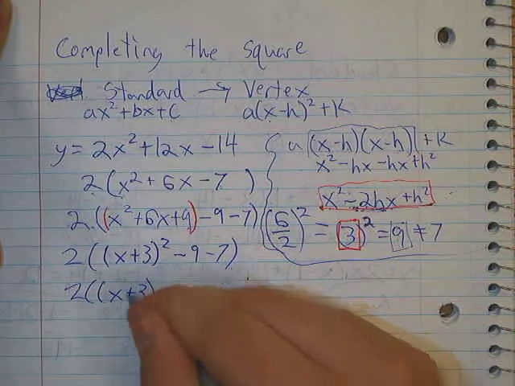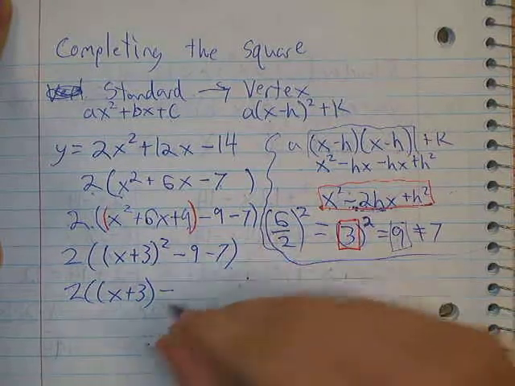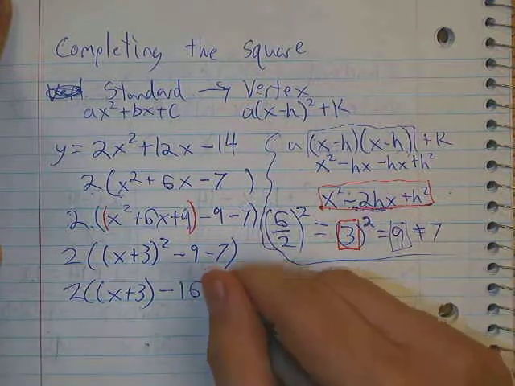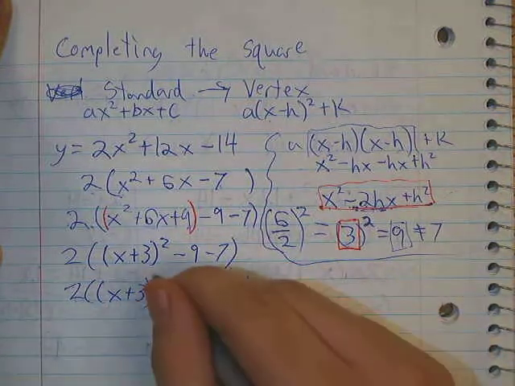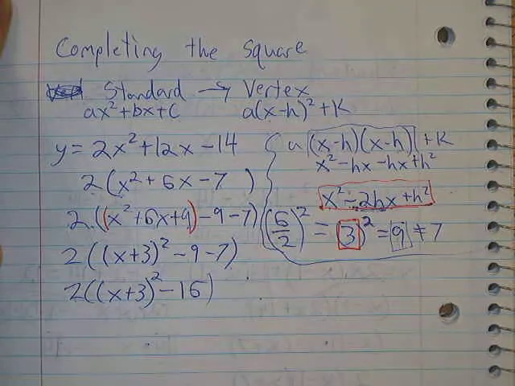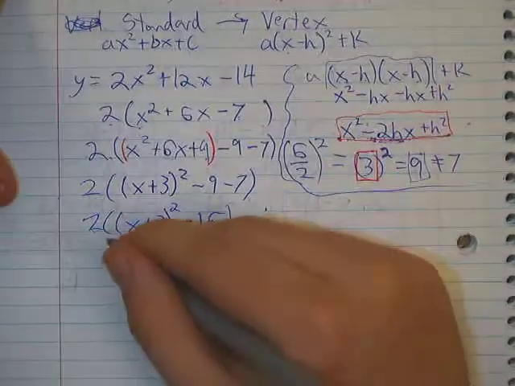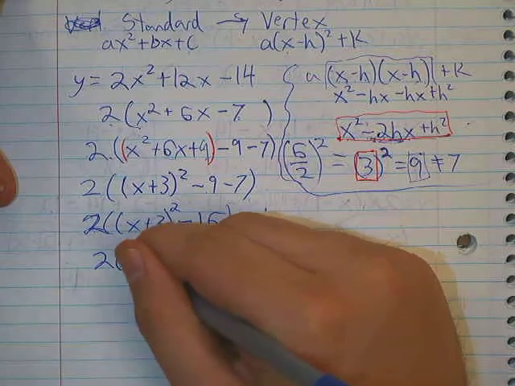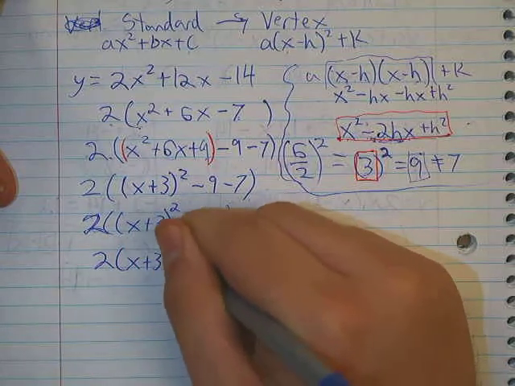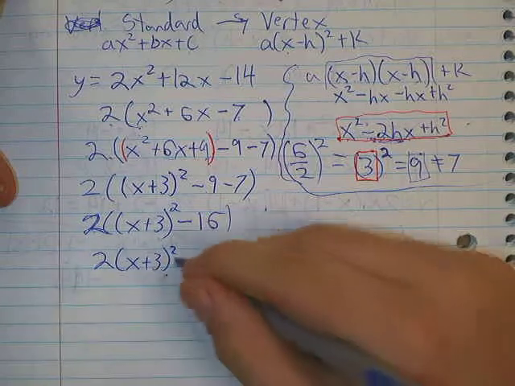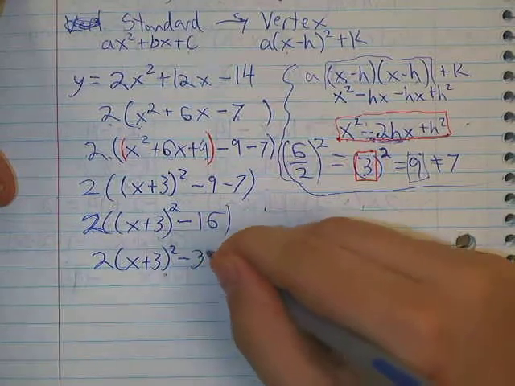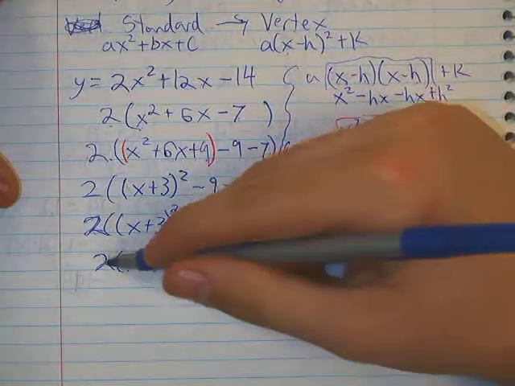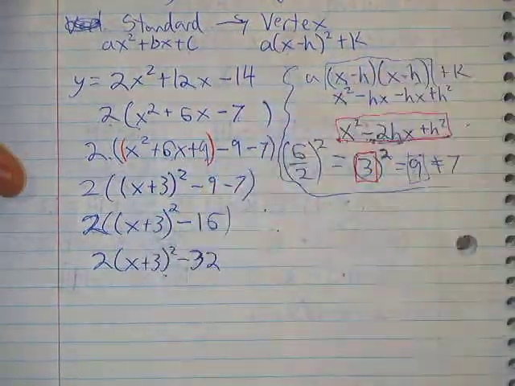And just a little bit more work here, some simplification. Negative 9 minus 7 is minus 16. And then I'm going to distribute that 2. Sorry, I forgot my squared term here. When I send this 2 in, I'm going to have 2 times (x plus 3) squared, and then that 2 times a negative 16 gives you a minus 32.